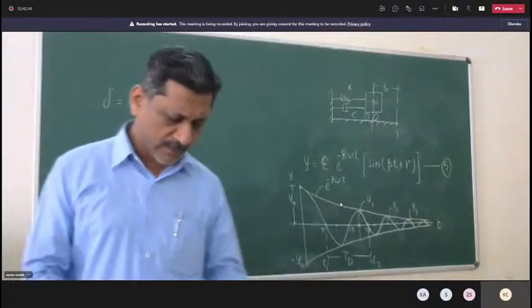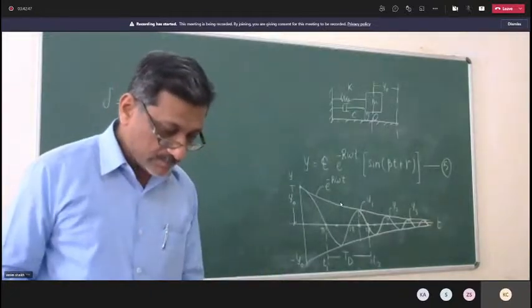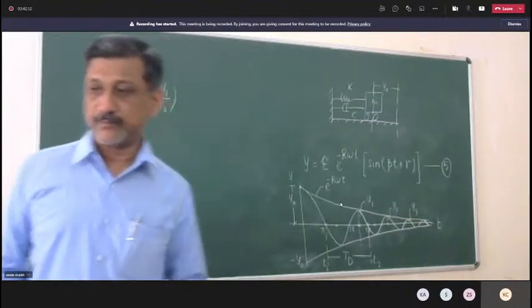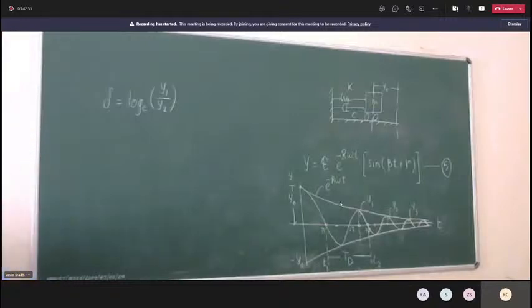So you can note it. Logarithmic decrement is defined as the natural log. There are two logs. One is log to the base 10 and one is log to the base e. Log to the base e is called natural log, and on your calculator it is indicated by ln, whatever it may be.